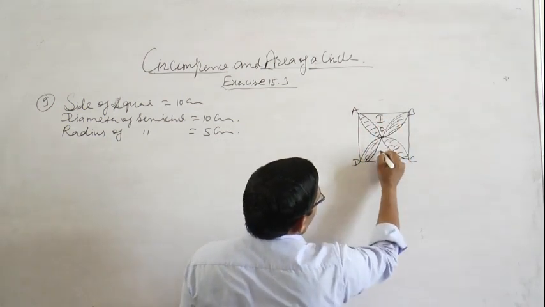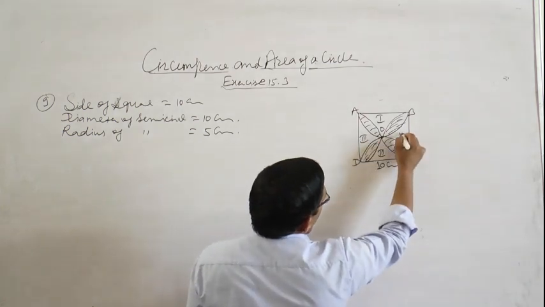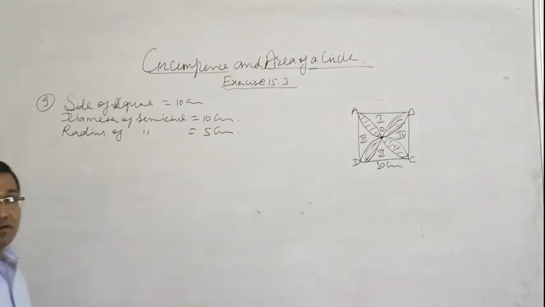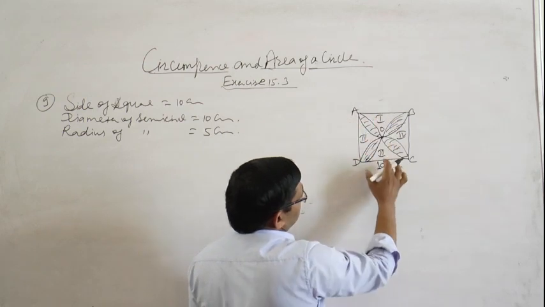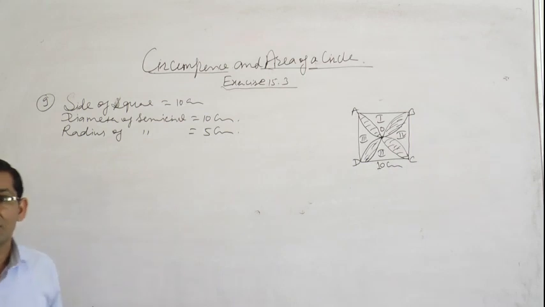Let this be first, second, third and fourth. This unshaded part is first, this second, this part third and this part fourth. Unshaded parts are first, second, third and fourth.